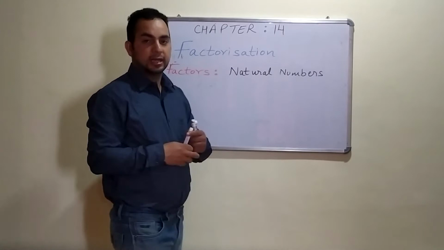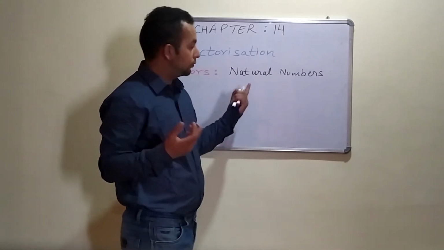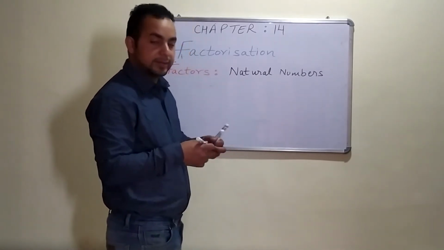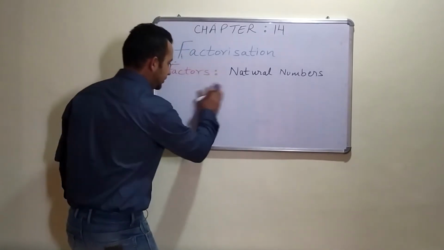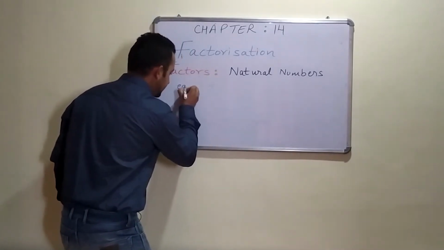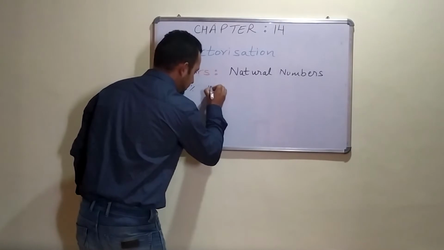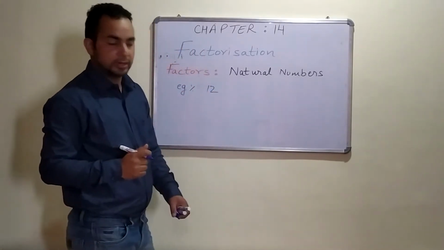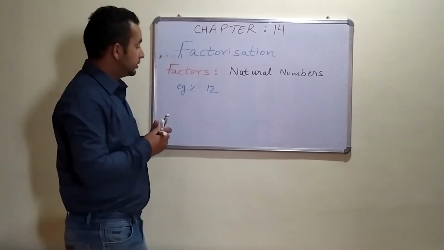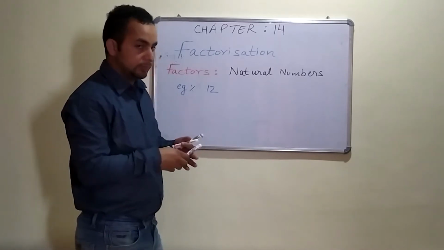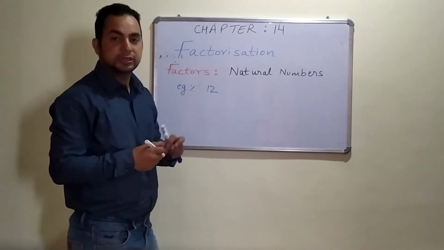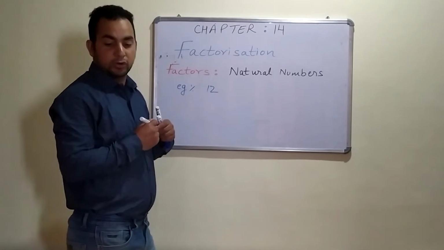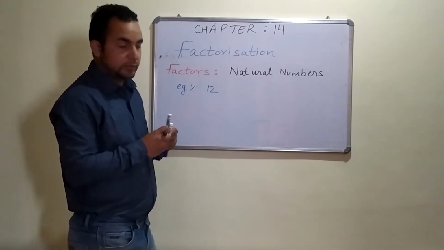Now, we will take any natural number. For example, if I take the number 12, 12 is a natural number. So we are going to find out the factors of 12.